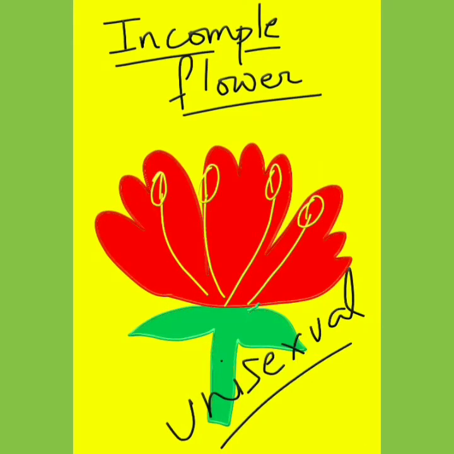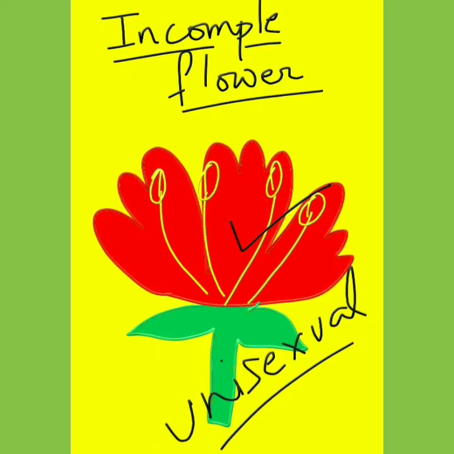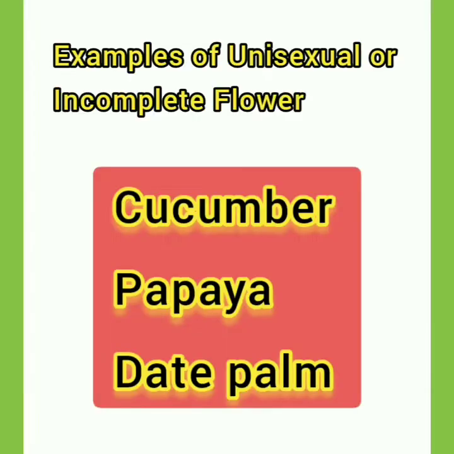Or in this flower you can see the stamen is present but carpel is absent. Means in a flower if any one sexual part is missing, then we call it unisexual flower or incomplete flower. So here are some examples of unisexual or incomplete flower. They are cucumber, papaya, and date palm.